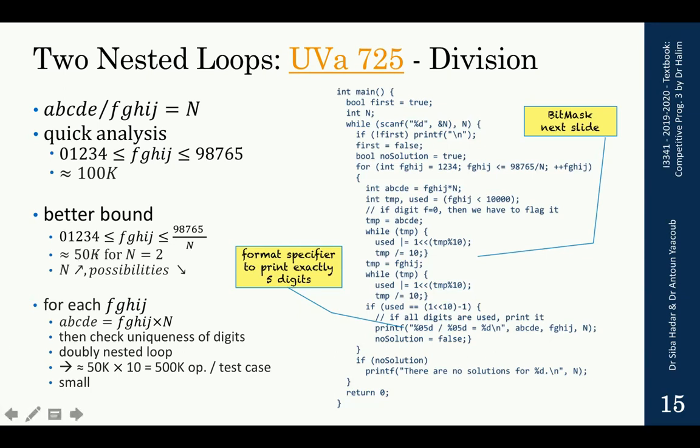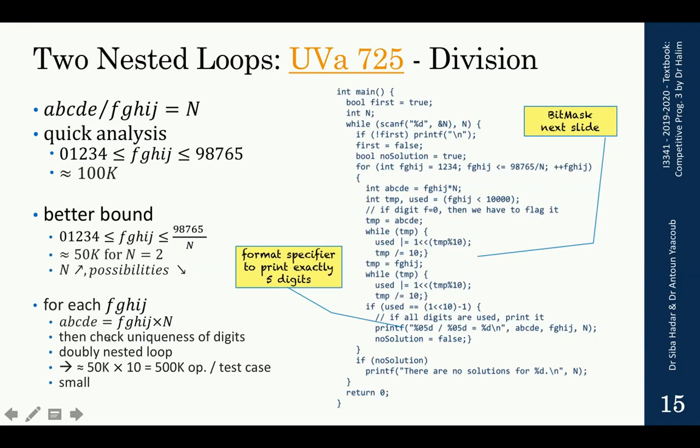So this is good. What we are going to do is search for the denominator in this scope, and for each FGHIJ we can find ABCDE by multiplying FGHIJ by n. And then we have the two numbers.